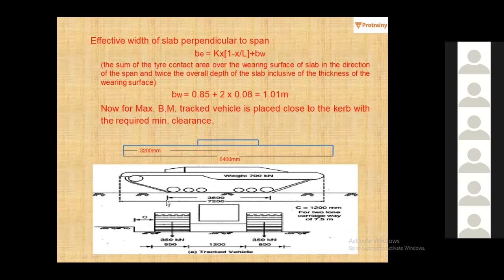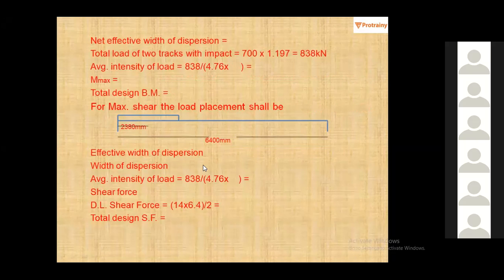Okay. 5.21 meter is the effective width of dispersion when it comes to shear. ठीक है? So now apply this, जैसे पहले हमने width of dispersion निकालने के लिए जो भी addition किए थे, do the same thing. Just this time 5.21 by 2 करके you have to do the same calculation and find out overall width of dispersion.